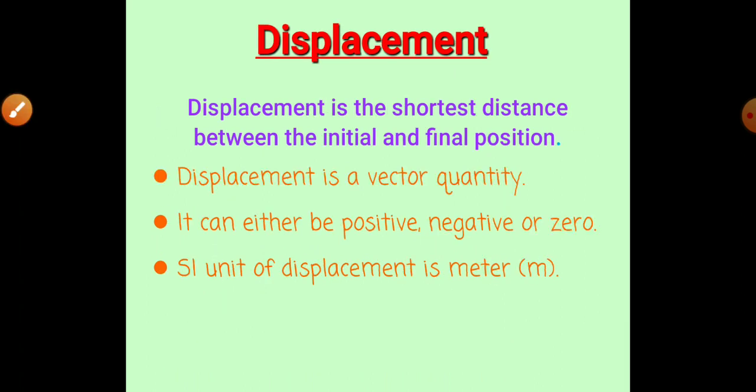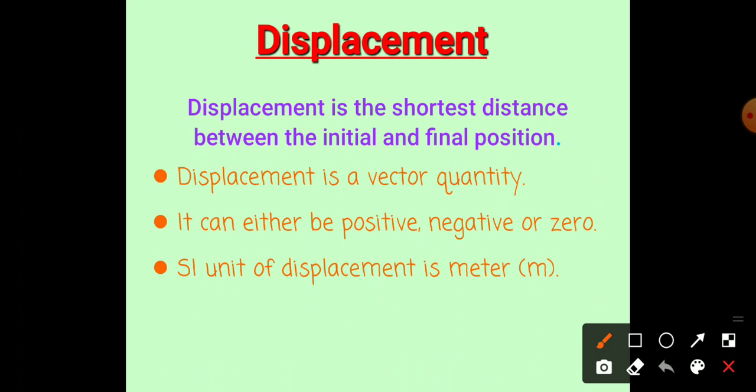Now, next, displacement. Displacement is the shortest distance between the initial and final position. Suppose there is a point here. This is the first position, the initial point.